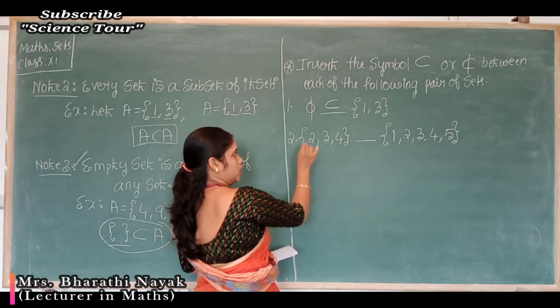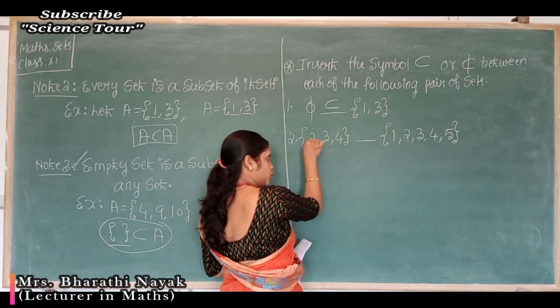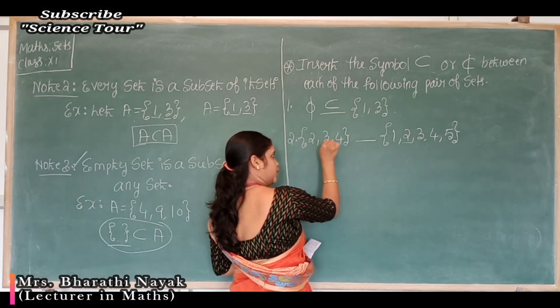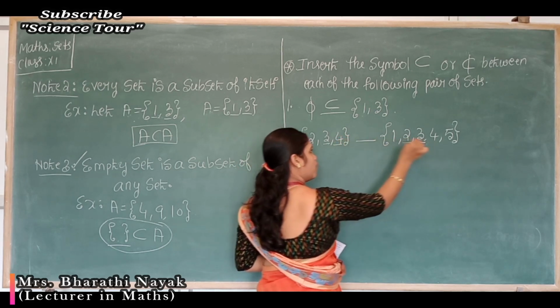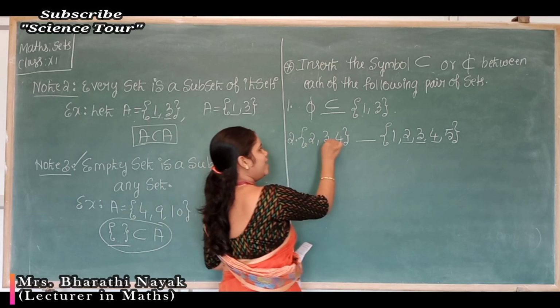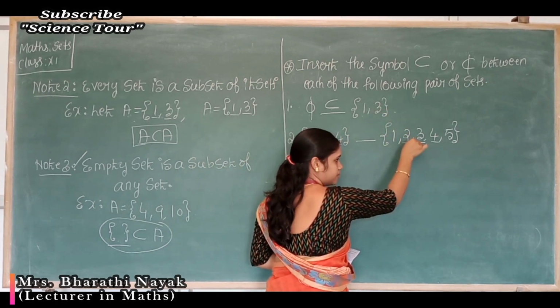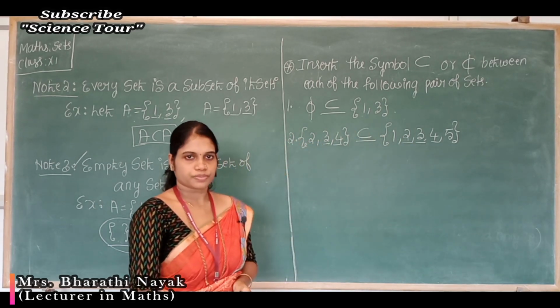See, just compare the elements of these two sets. 2, do you have 2? Yes. Next 3, do you have 3? Yes. Next 4, do you have 4? Yes. So you can observe here all the elements of the first set are contained in the second set, isn't it? So therefore this symbol you have to use, right?